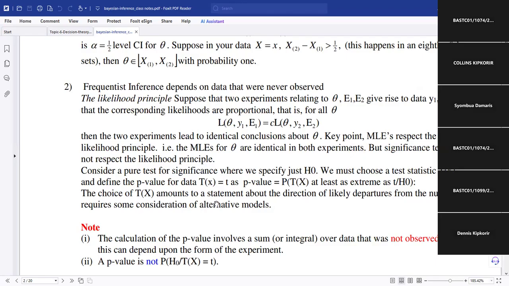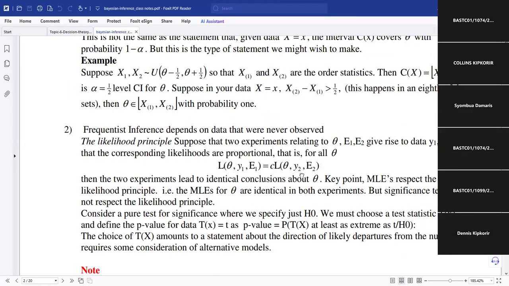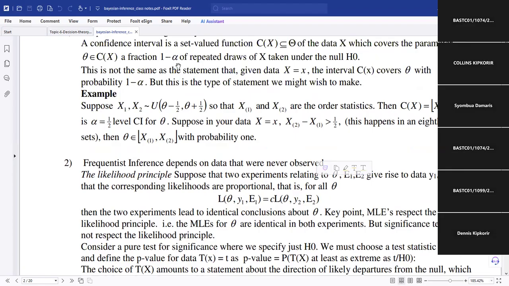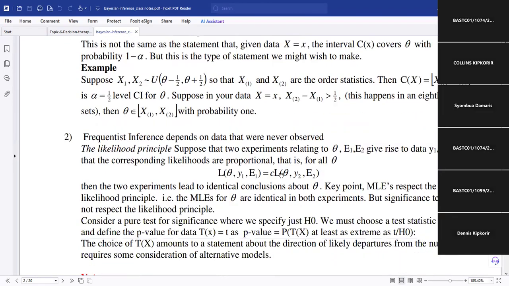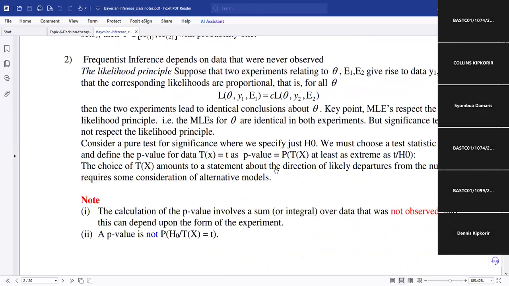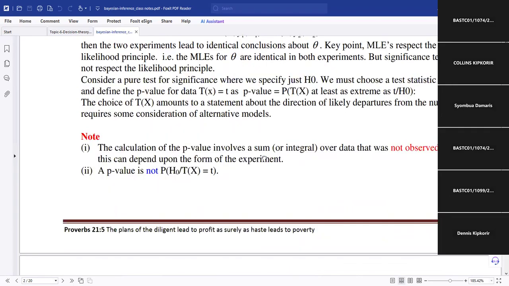So the choice of T(x) must amount to a statement about the direction of likely departures from the null, which requires some consideration of alternative methods. There are two cases here why we do not use the frequentist approach. One is that frequentist inference generally does not contain the observed data, and it depends on data which was not observed. So it is basing its inference on some data which was not observed.